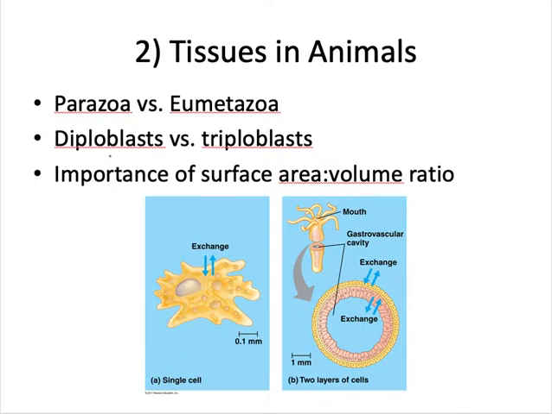Diploblasts are animals that have tissues derived from two germ layers, whereas triploblasts have that mesoderm or third tissue germ layer that develops into more tissues. So remember that all triploblasts are bilateral.